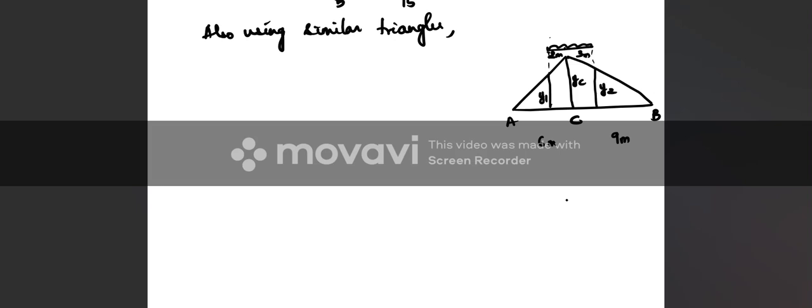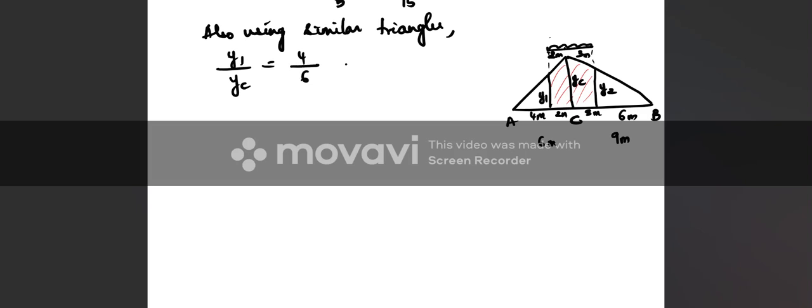You have to calculate the area under this whole figure and then multiply it with the UDL intensity. This is 2 meters, so the rest of this is 4 meters. This is 3 meters, so the rest of this is 6 meters. Using similar triangles, you can write Y1 by YC is equal to 4 divided by 6.